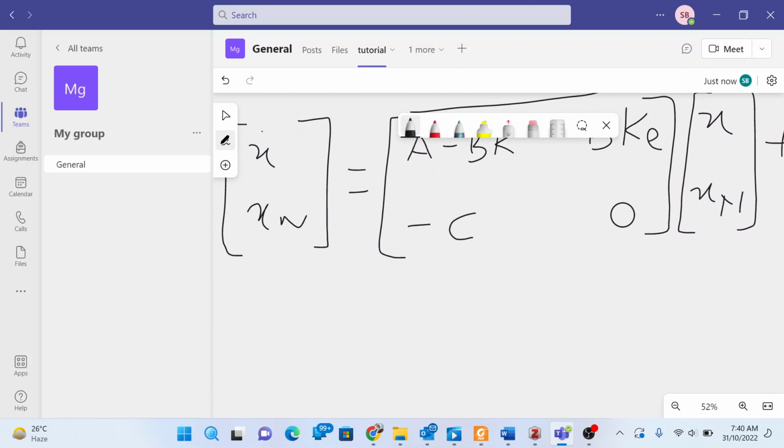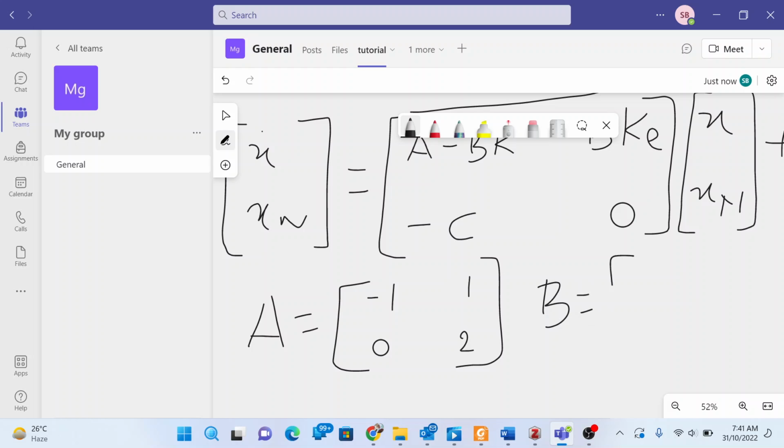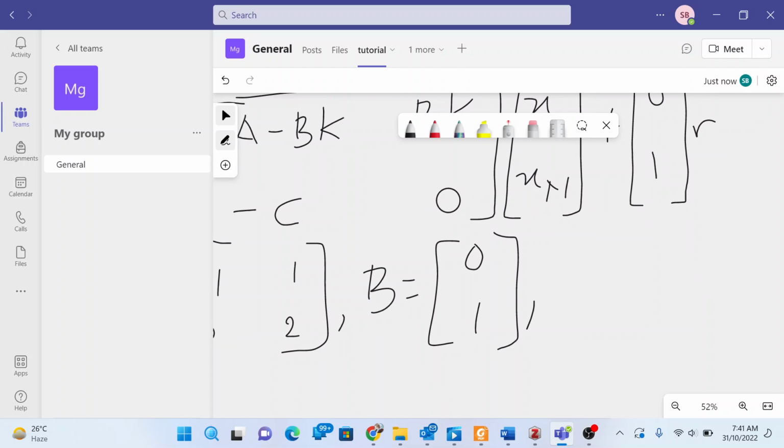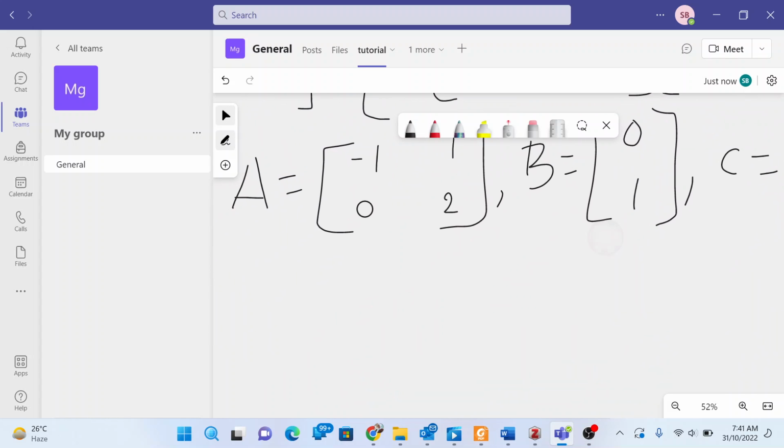From the question, we know that this is A. Our A is equal to minus 1 1 0 2, and our B is 0 1, right? Then our C is equal to 1 1.